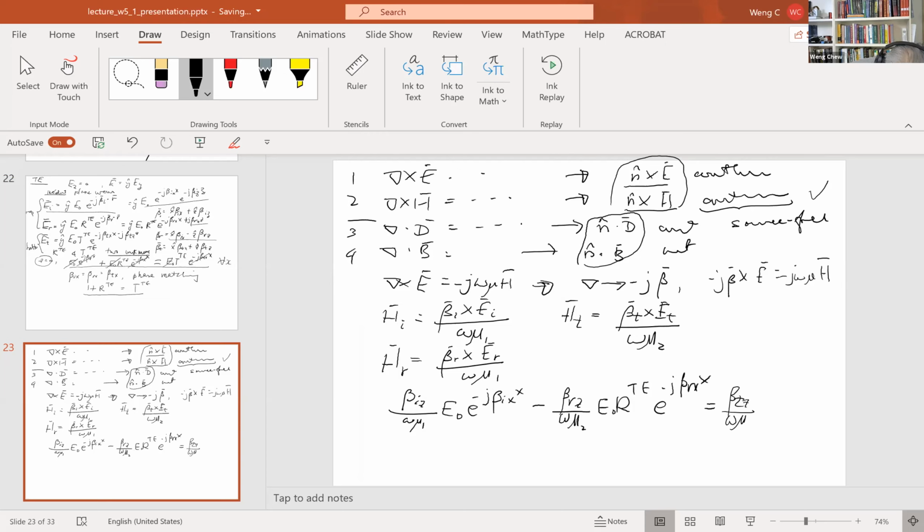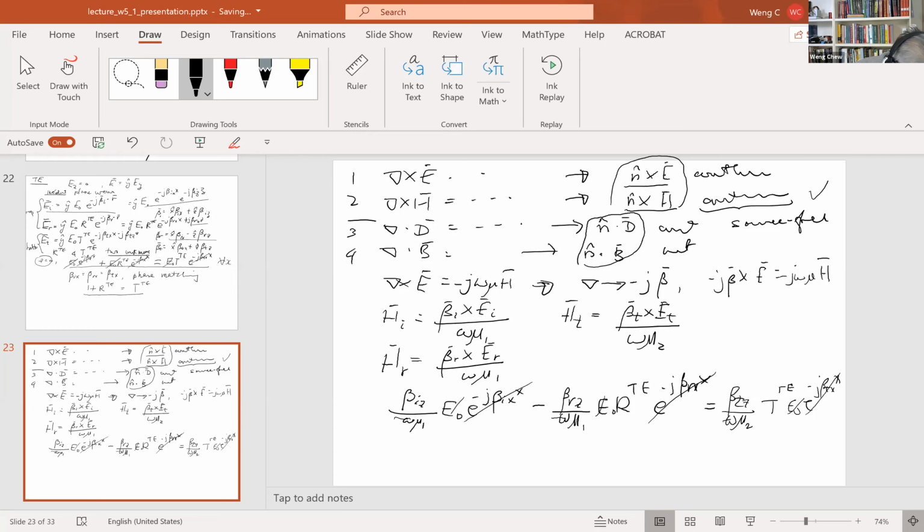Sorry, this should be mu2 now because I'm in the second region. T_TE times E naught e to the minus j beta t x x. Again, I'm assuming phase matching. If I assume phase matching, all these phases are equal to each other. They can cancel, E naught can be canceled.